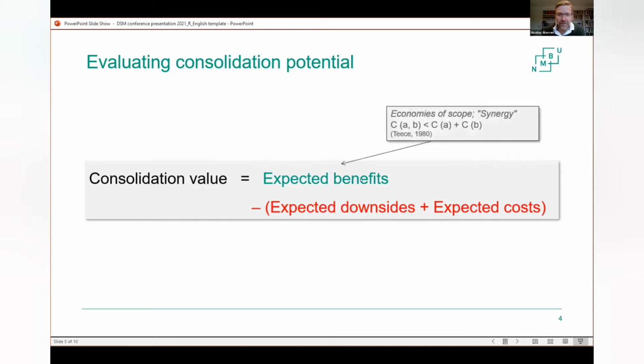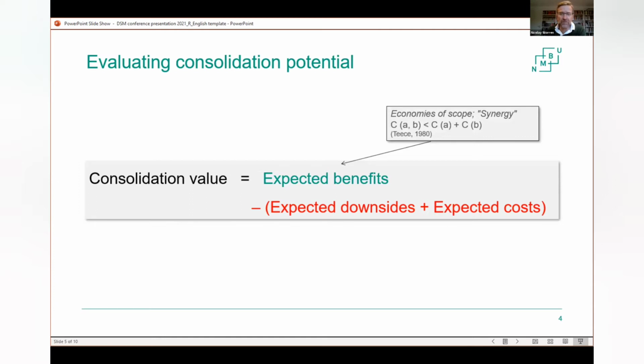So in terms of the benefits, one can find different criteria in different literatures. In economics, this is often called economies of scope, where the basic idea is that it sometimes is cheaper to produce two or more components together rather than producing them separately.